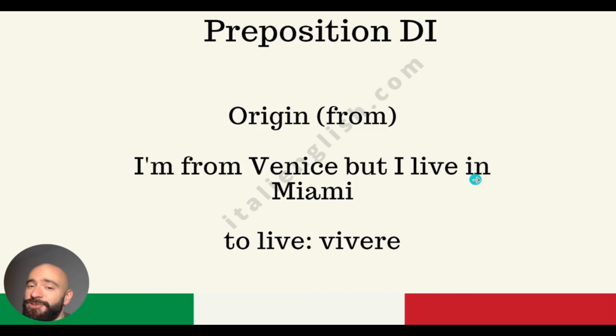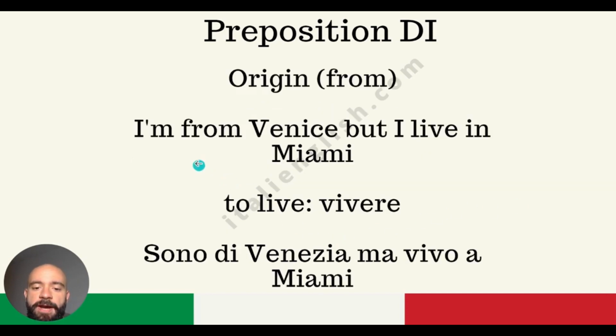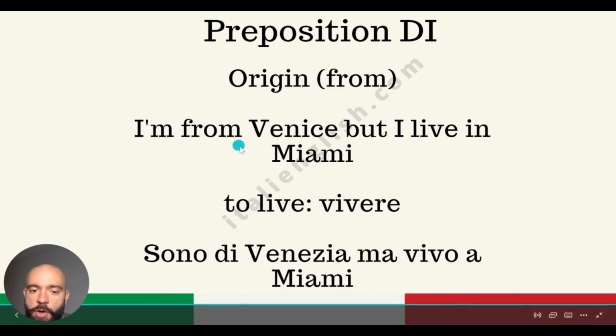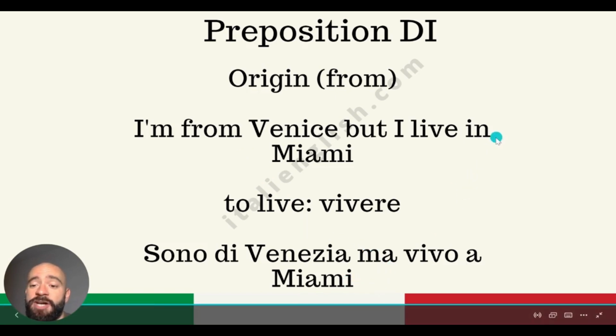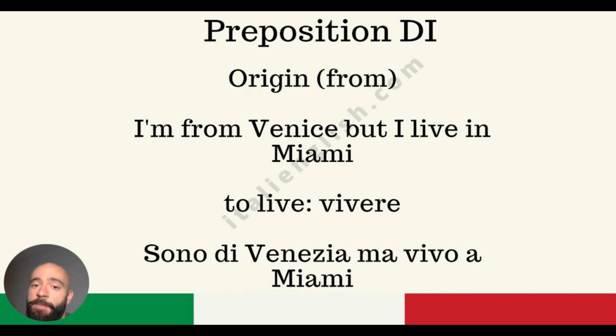In Miami, try to guess, throw something, and let's see what you got. I'm from Venice, but I live in Miami. It's going to be Sono di Venezia. Origin. I was born and raised in Venice, proud Venice boy. Ma vivo a Miami. It is not in, it is a. Why is that? We're going to see it very soon in one of the next videos about prepositions.